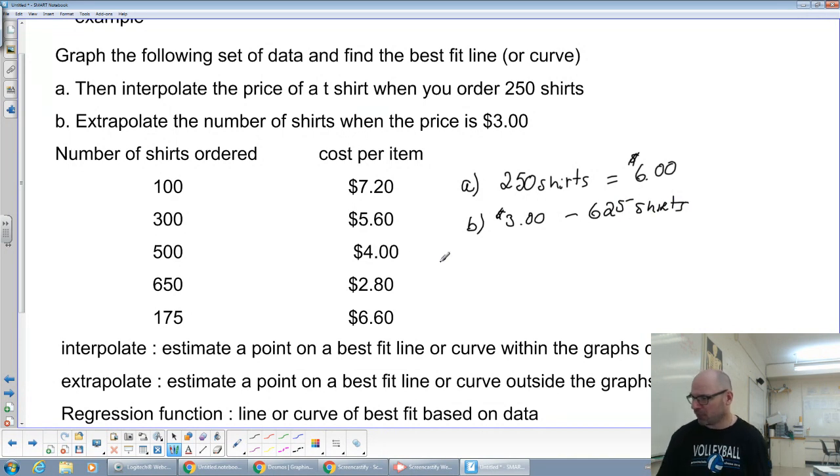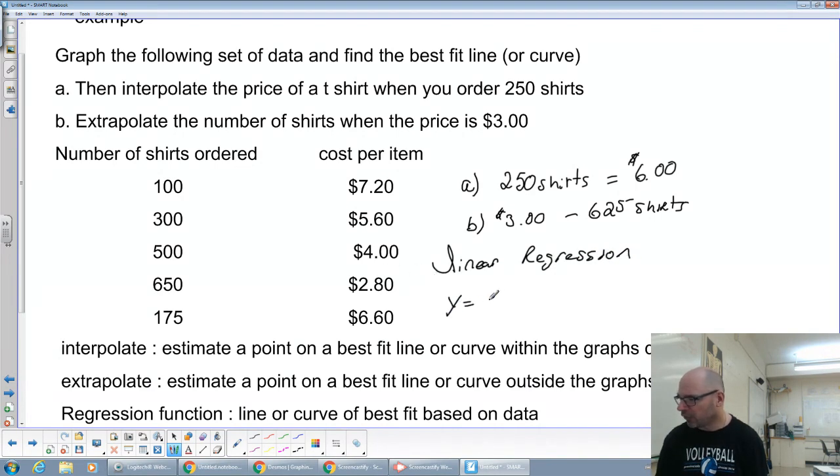Okay, using Desmos, the linear regression equation was y equals, the m was negative, because it was going down, right?